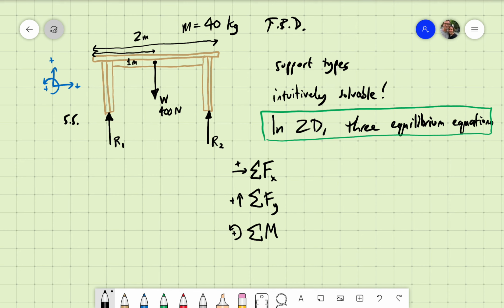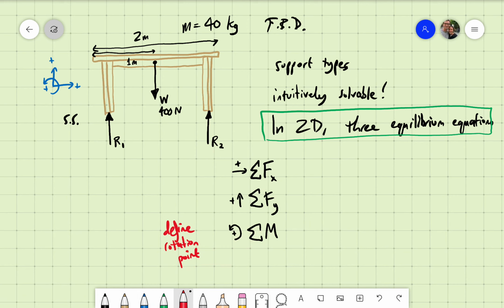But with moments, because a moment is a force times a distance, you must define a rotation point which you measure all the distances back to. Now, this doesn't have to be a real point of rotation. You don't have to actually get motion to use this. You just pick a location and then you sum the moments around that location.